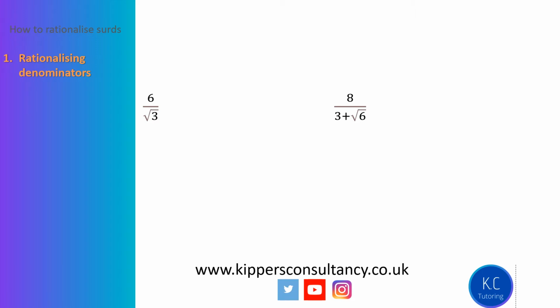Before I look at these two examples on this slide, I'm going to just define what rationalise means and what denominators are. In everyday terms, if we rationalise something, we make it make sense. In mathematics, a rational number is any number such as A over B, where A and B are both integers.